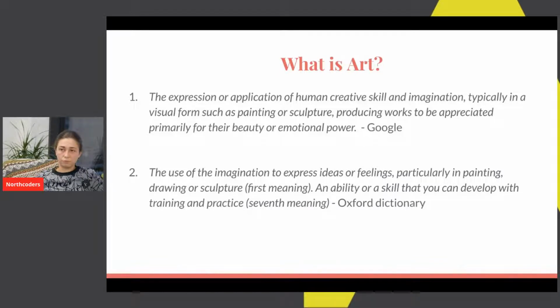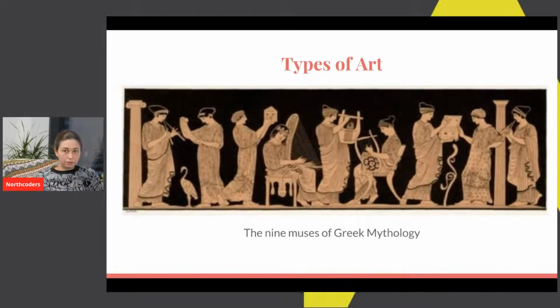The seventh one I found really quite interesting, which is the ability or a skill that you can develop through training and practice. Within a lifetime, there is only so much training and practice that a human can do, compared to what an AI can learn within even minutes of analyzing previous artworks and so on. So defining things doesn't entirely make things clearer. So let's try and break things down.